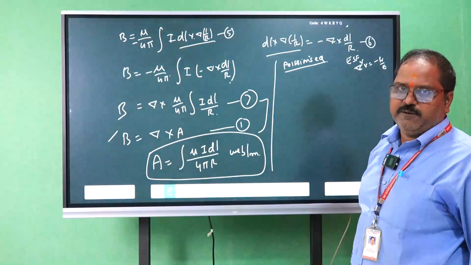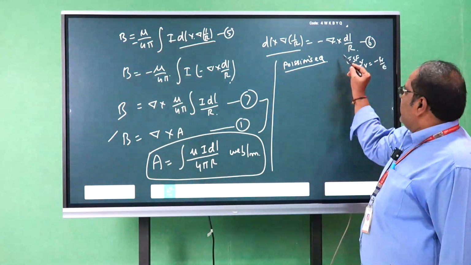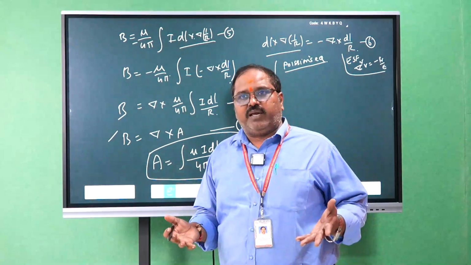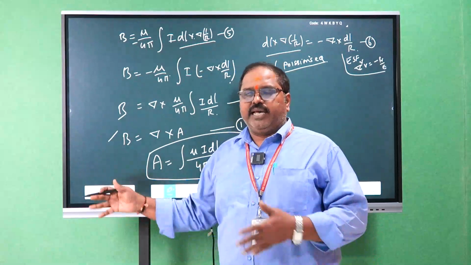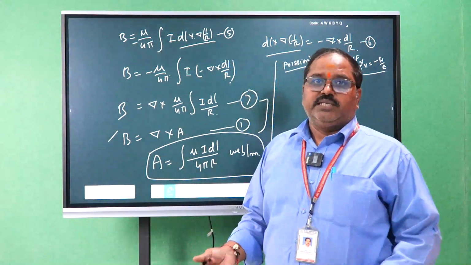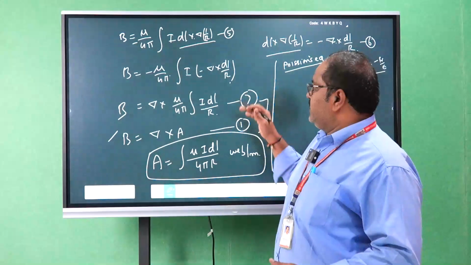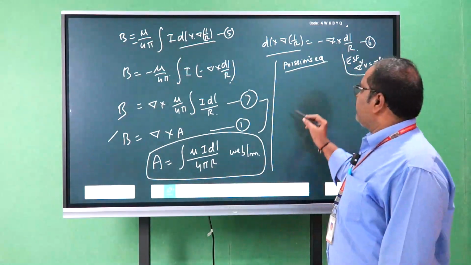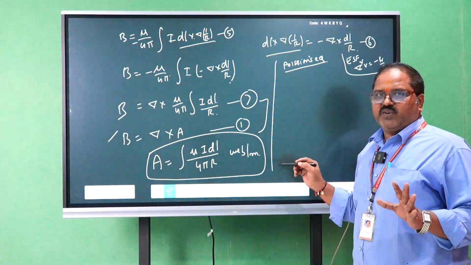But this is a magnetostatic field. The scalar magnetic potential already satisfies the Laplace equation. Does the vector magnetic potential satisfy Poisson's equation or not?